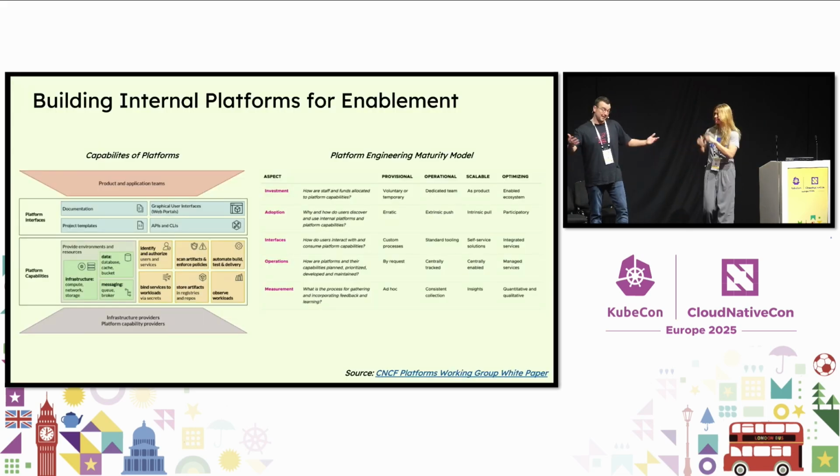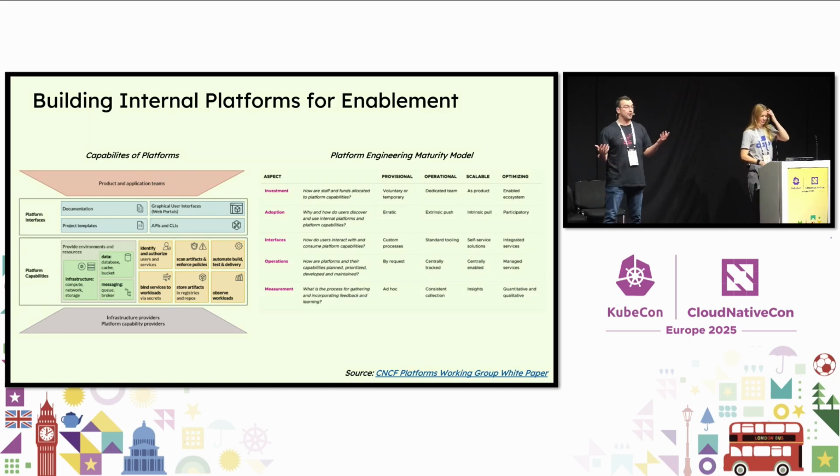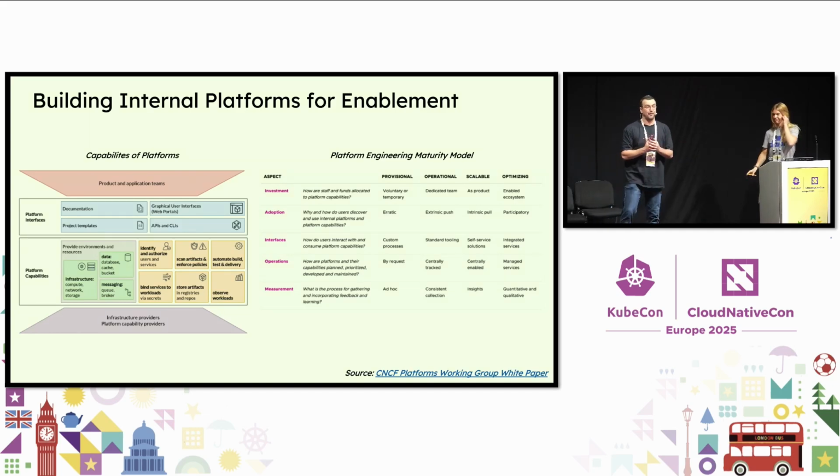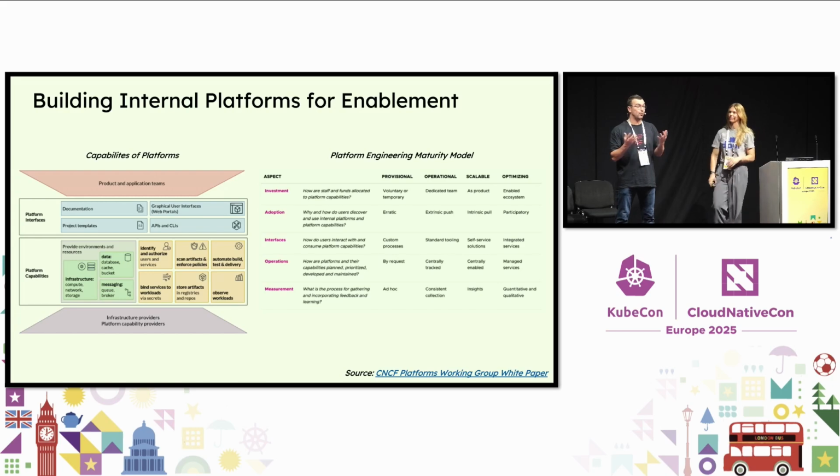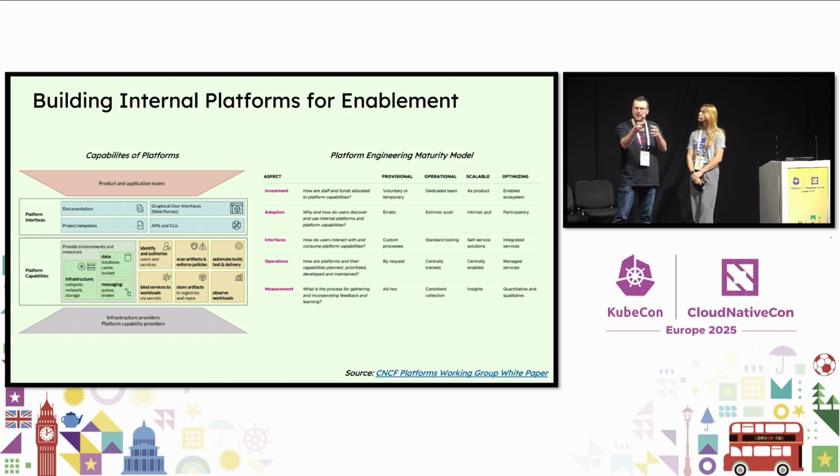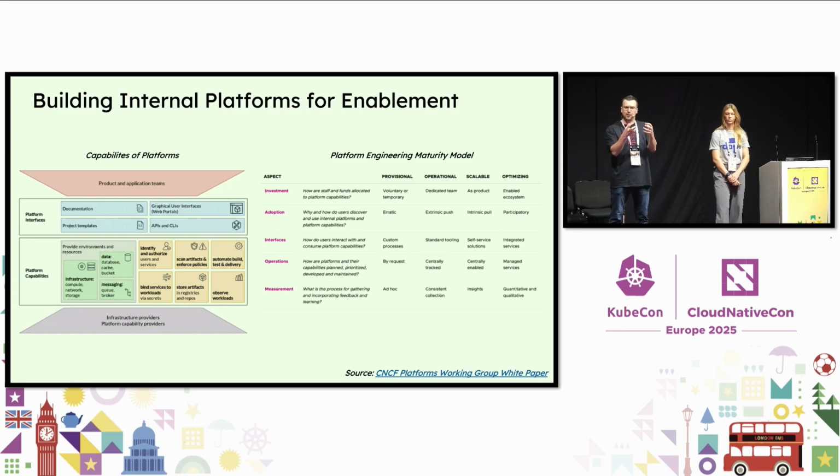So yeah, as platform engineers, we are looking for some frameworks. And the CNCF platform working group has released a couple of white papers and frameworks that you could use. The first one on the left is about the building blocks of my platform.